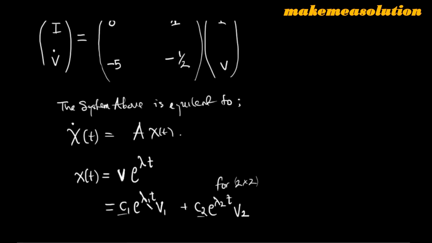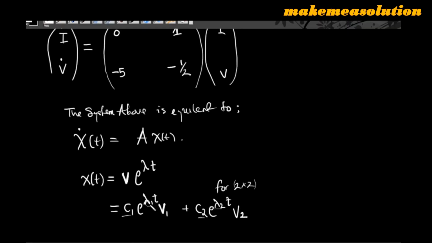C1 and C2 are arbitrary constants. Lambda 1 is the first eigenvalue, and lambda 2 is the second eigenvalue. Then v1 is the eigenvector associated with lambda 1, and v2 is the eigenvector associated with lambda 2. So with this, we'll be able to get the solution of this system.